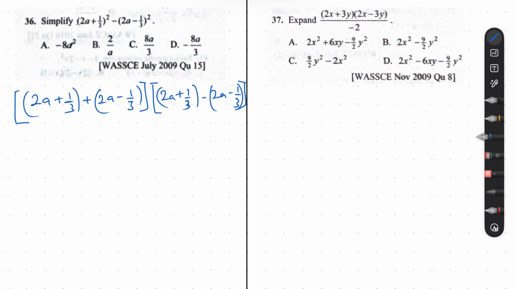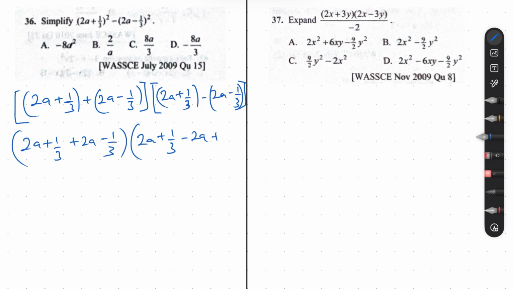So let's expand first. We have 2a plus 1 over 3 plus 2a minus 1 over 3. Then on the other side we have 2a plus 1 over 3 minus 2a, and now this negative will affect this negative. It becomes what?